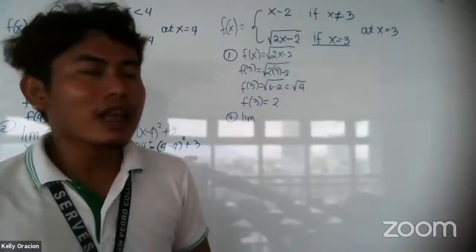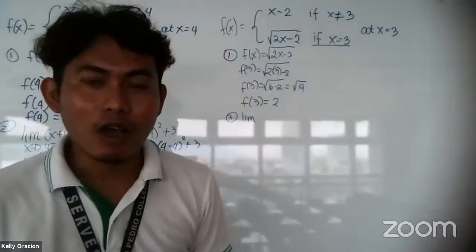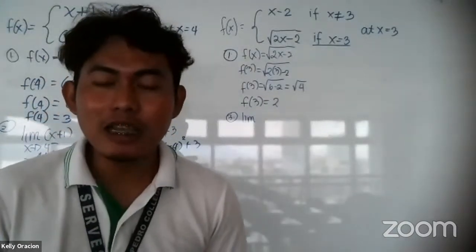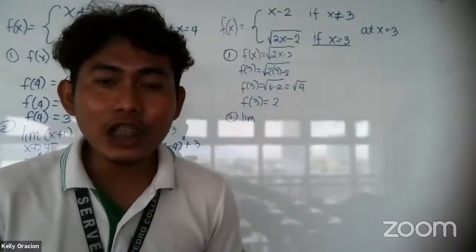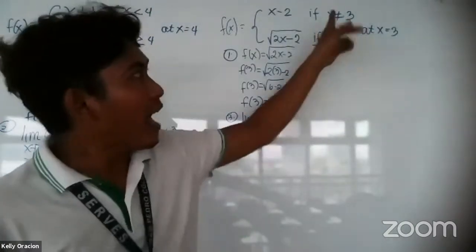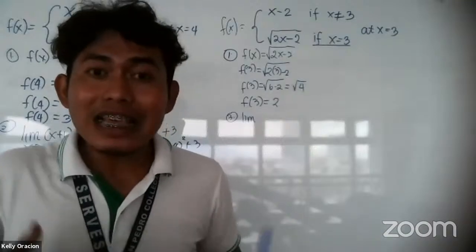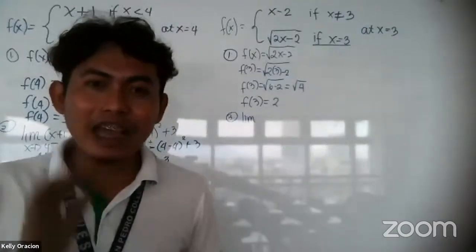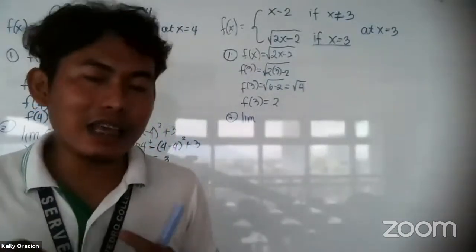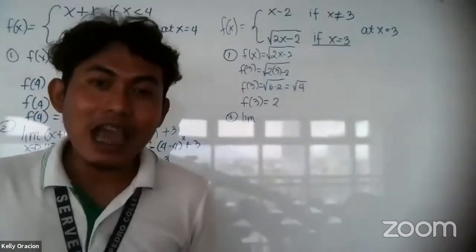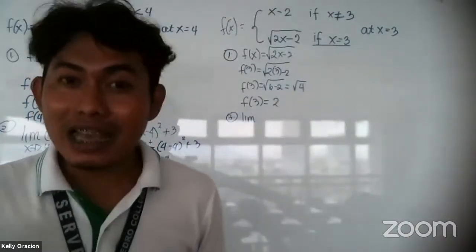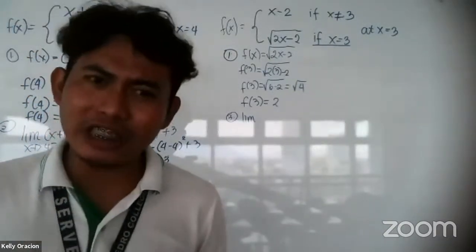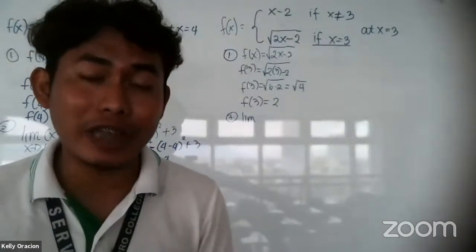Now, take note of this. What does not equal mean? Of course, it means you are not the same. But another side of not equal: x is not equal to 3 means it is either greater than 3 or less than 3. When it is not equal, the point is that it is either less than or greater than.